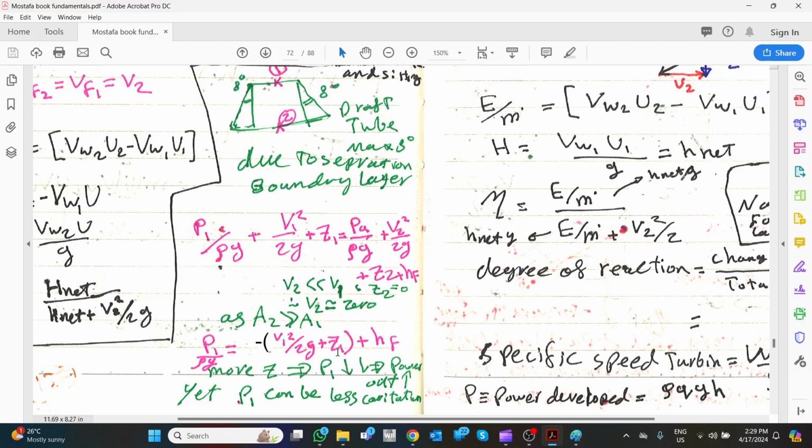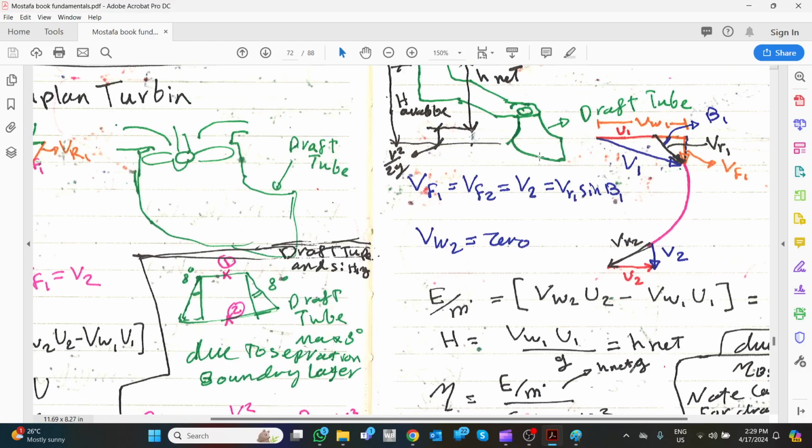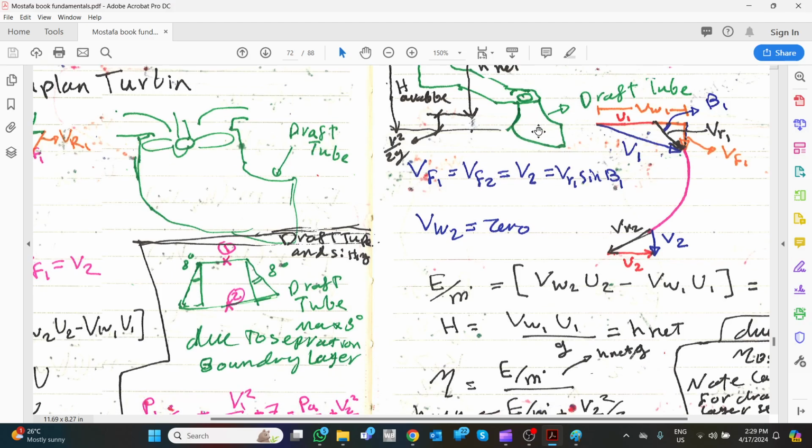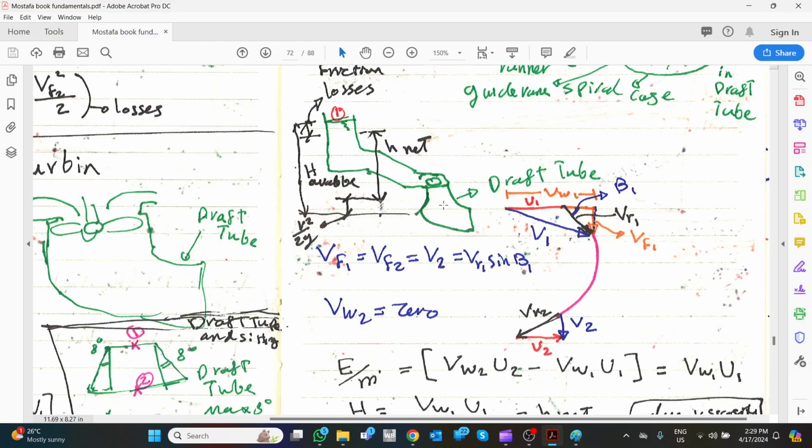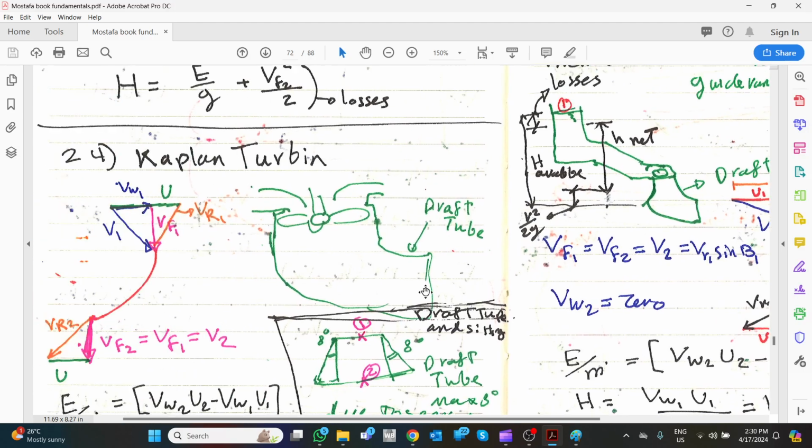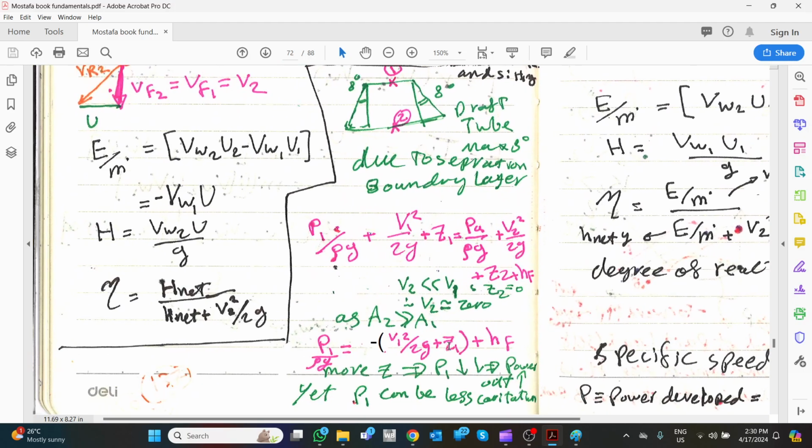So the height of the turbine from the surface of the water, when it is way higher, it is better and better. Even if the water is here, the draft tube is thrown to atmosphere, but the draft tube is way down. So let's keep Z at infinity.